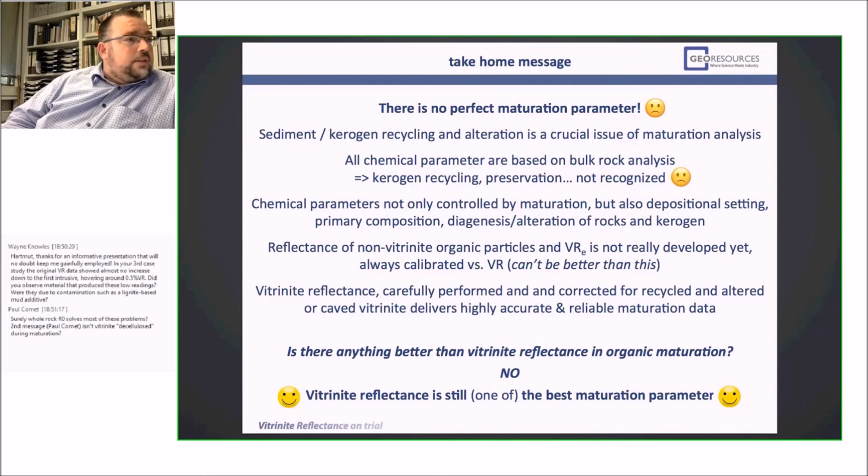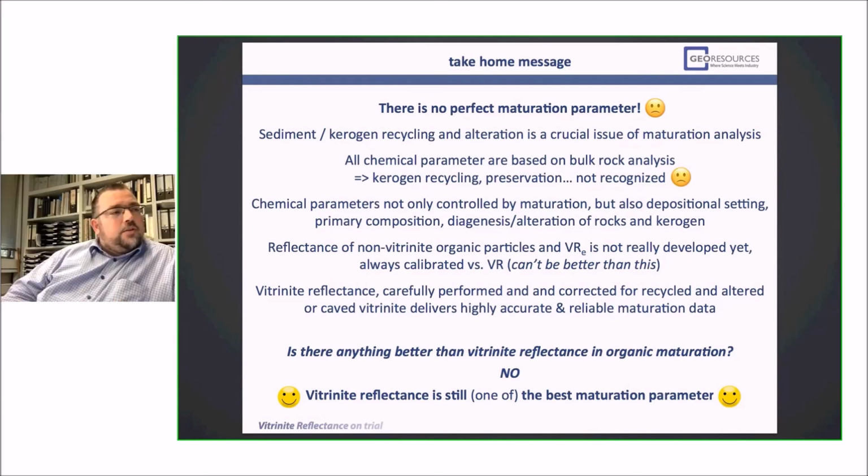With these low readings, to Wayne's question, did you observe material that produced these low readings? That's a real problem. I haven't seen the original slides, which are the base for these initial studies on the vitrinite reflectance in Northern Africa with these very low values.